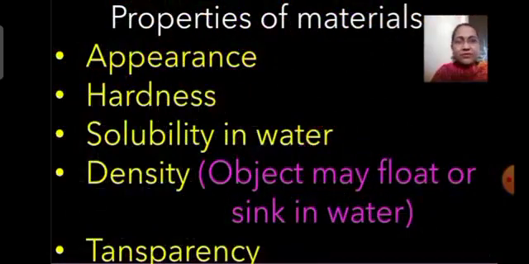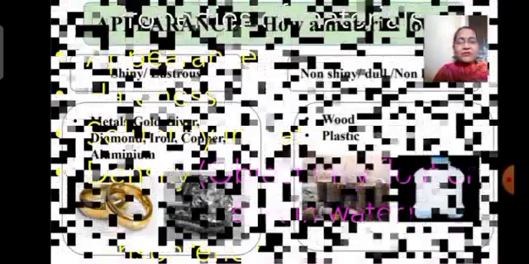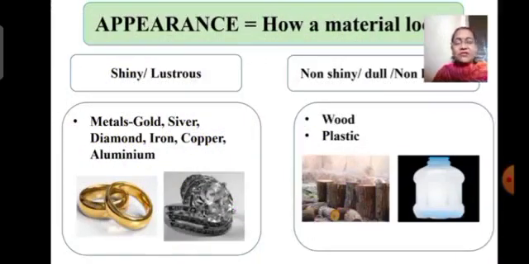In the previous session, we have seen the properties of materials, and those properties are appearance and hardness. Based on the appearance, we sorted materials into two categories: shiny or lustrous materials, and non-shiny or non-lustrous materials.